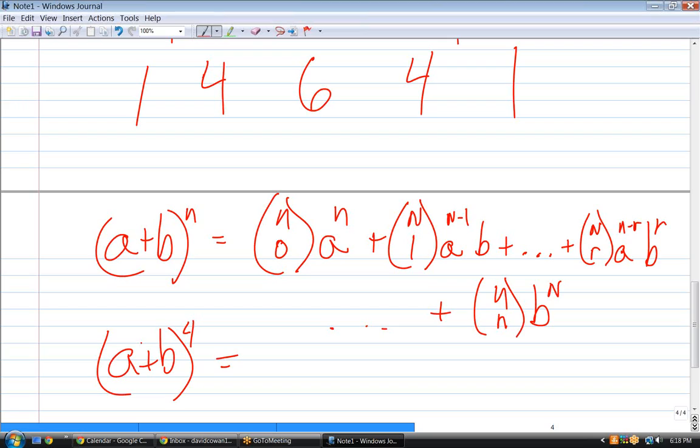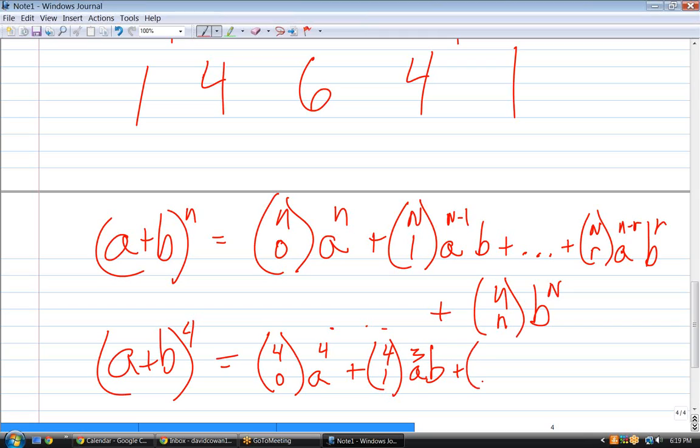Okay, so if I expanded a plus b to the fourth, the first term is going to be 4 choose 0. Well, notice that that is 1. You with me? Okay, and a to the fourth power. And then the next term is going to be n choose 1, 4 choose 1, a cubed, b to the 1.